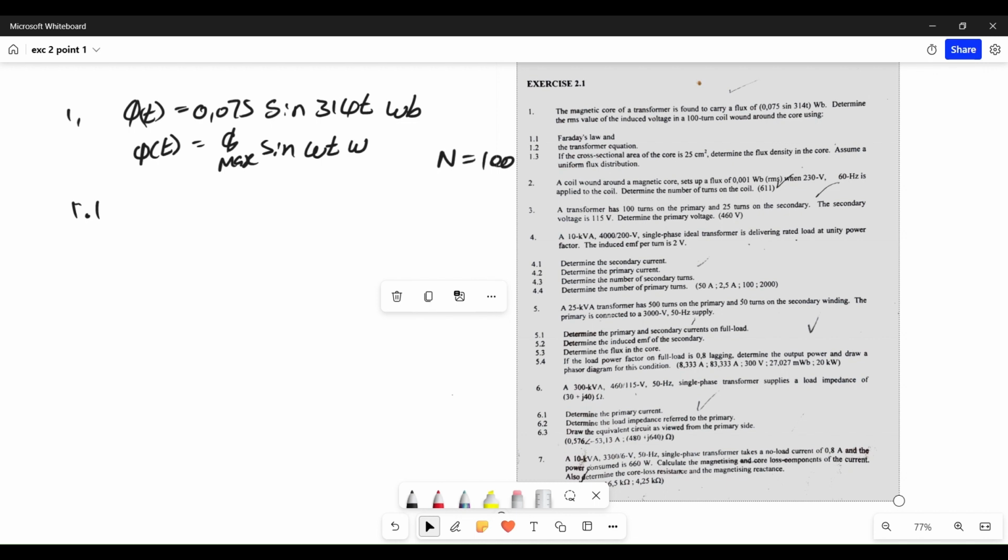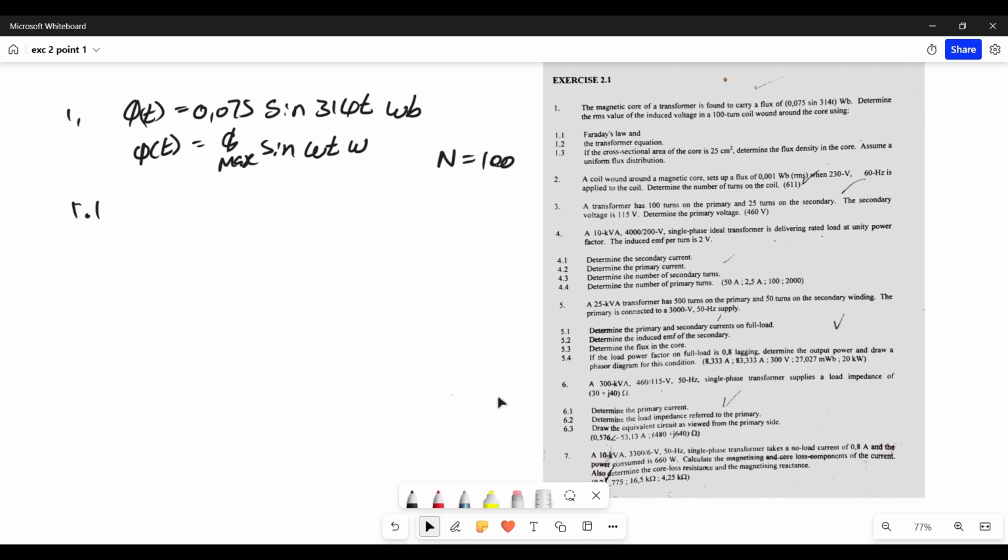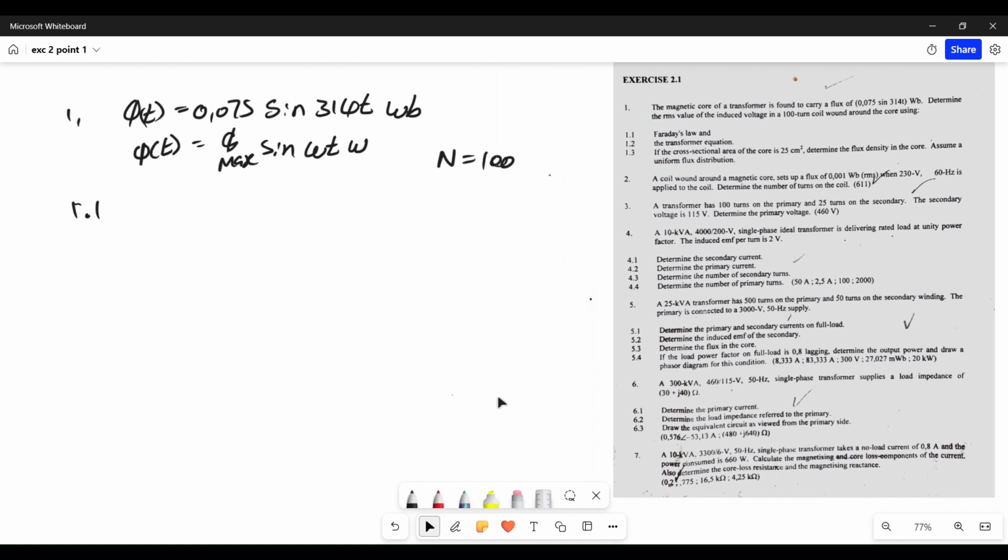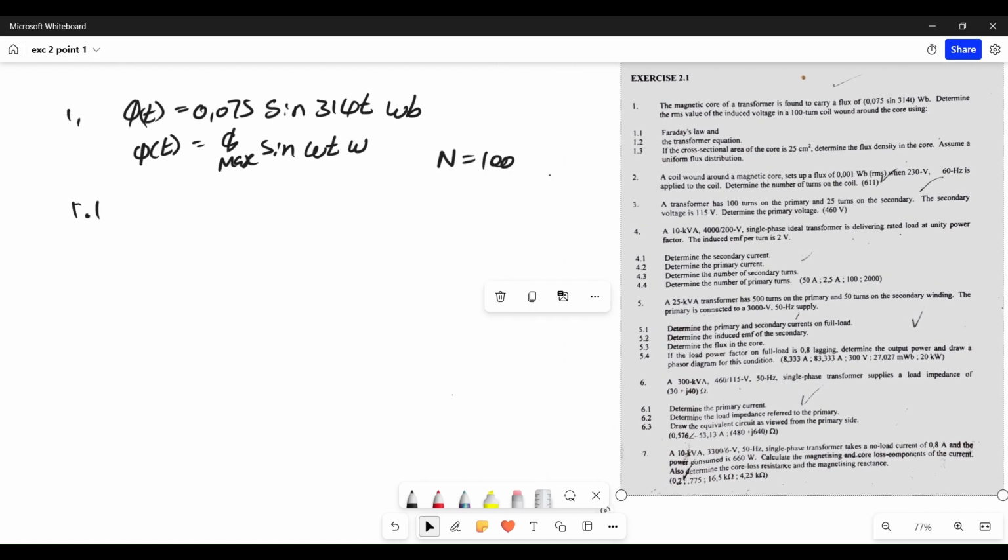Okay, so what I did, I wrote down values that are given in this question. So here I wrote flux φ(t) is equal to 0.075 sine 314 t Weber. It was given to us in this form.